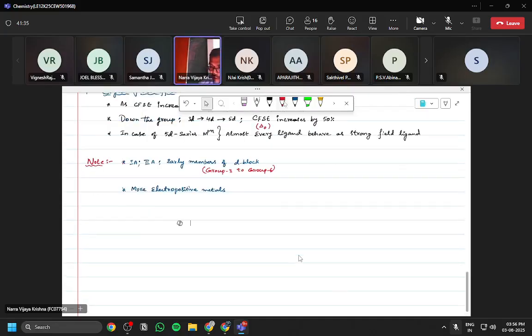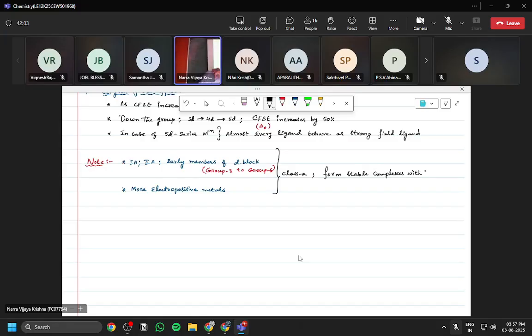We generally call them as class A metals. They will form stable complexes with smaller or lighter p block elements.